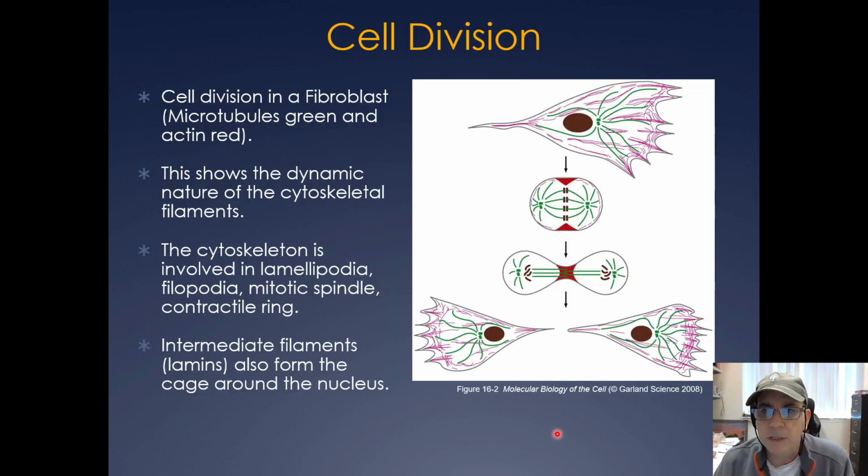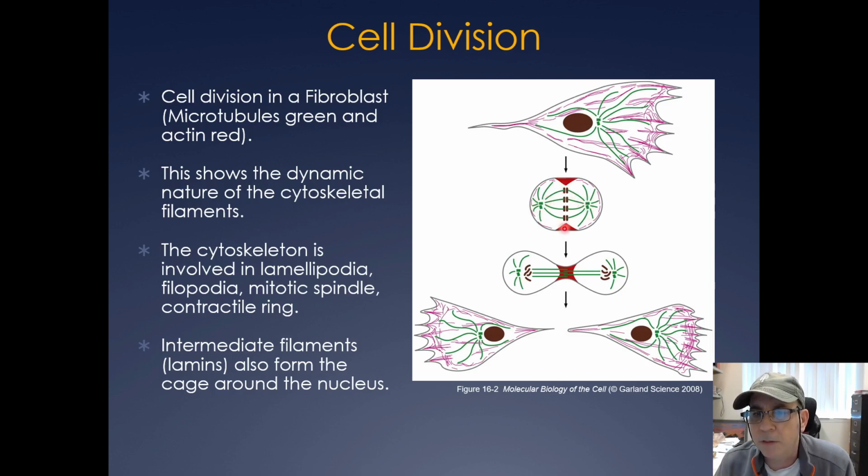So to give you an idea of how these things come into play in the cell cycle and cell division, here's a beautiful little schematic of a fibroblast, and the actin is shown in red and the microtubules are shown in green. During cell division, the nuclear envelope breaks down, and then the sister chromatids are aligned along the metaphase plate, and you have your mitotic aster on both sides.